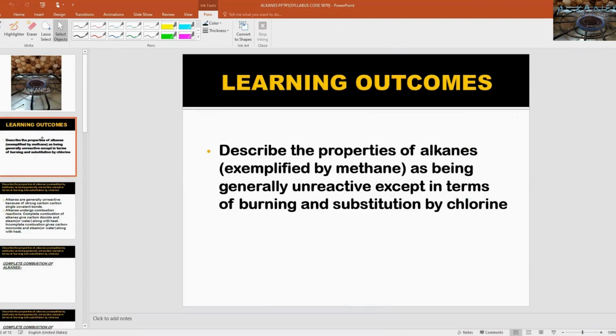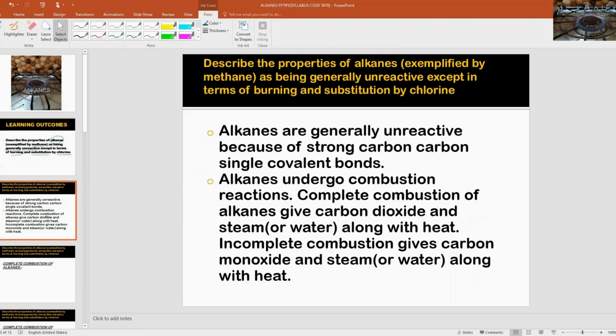The learning outcome for this lesson is to describe the properties of alkanes, exemplified by methane, as being generally unreactive except in terms of burning and substitution by chlorine. Alkanes are generally unreactive because of strong carbon-carbon single covalent bonds.